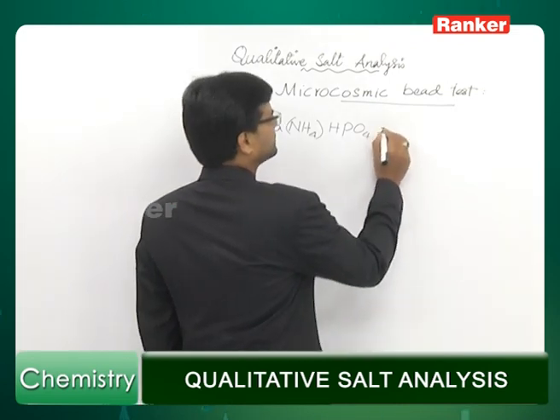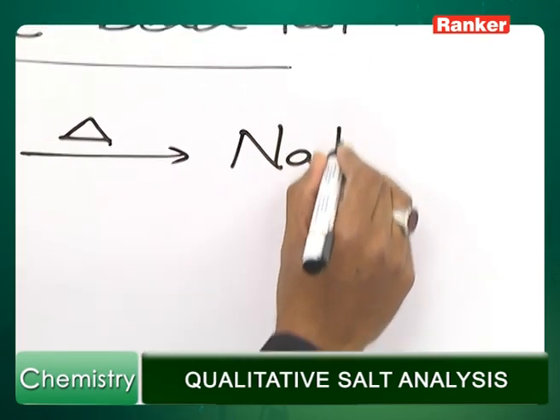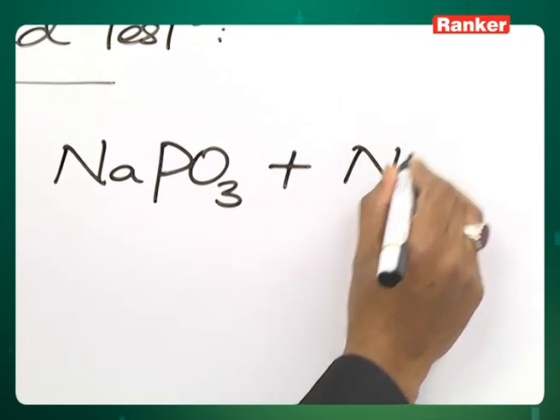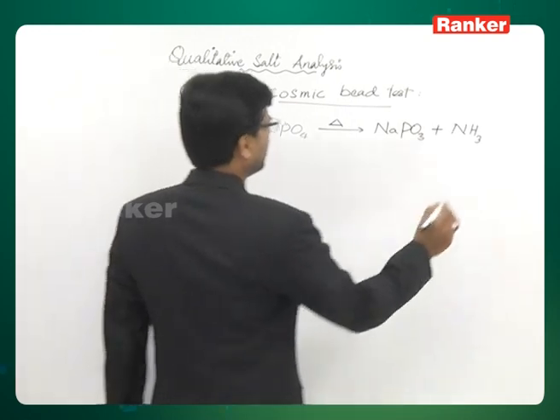When this substance is heated, you get NaPO3, sodium metaphosphate, ammonia and water.